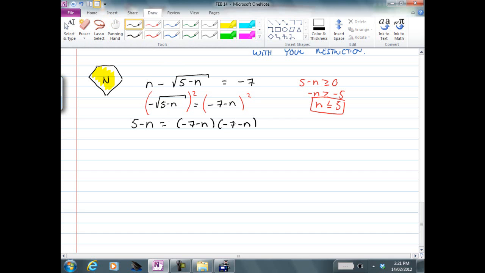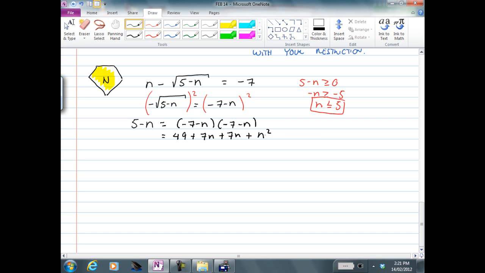So let's FOIL this out. If you did this correctly, you should have 49 plus 7n plus 7n plus n squared. Agreed? Because I'm just FOILing for you.